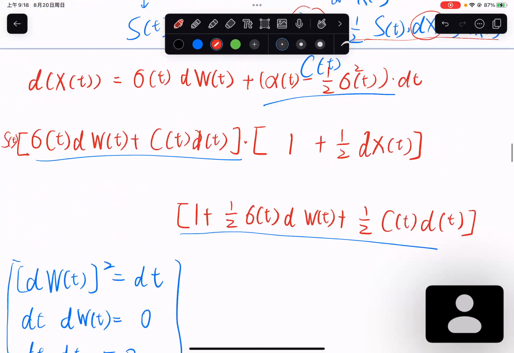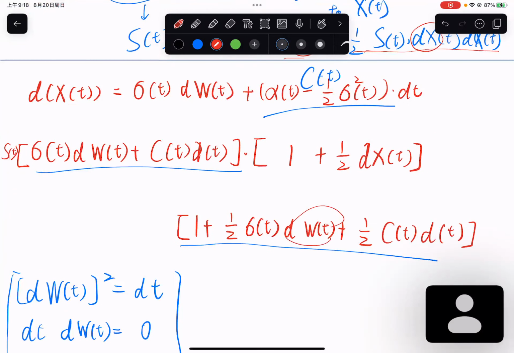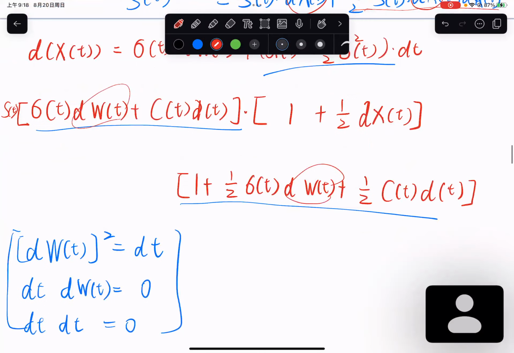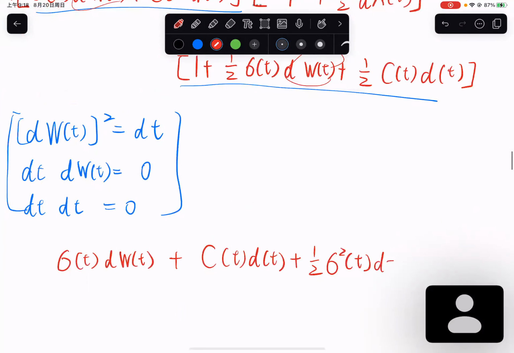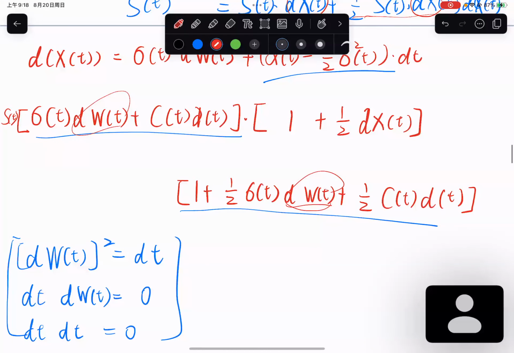But for this part, we have dWt and also the dWt here. So we are going to have plus 1 over 2 sigma squared t dt, because we have 2 dWt here. So combining together, it is reduced to dt. And if we multiply this one with this one, then we have 1 dt and 1 dWt, so they are going to be canceled out.